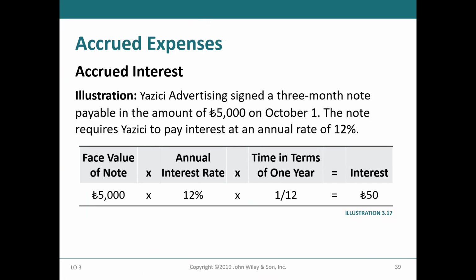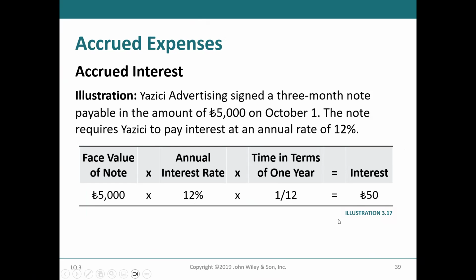We take 5,000 times 12%, and that gives you the interest per year. Then we multiply by 1/12 because we only borrowed for 1 month. That will give you an interest expense of 50.